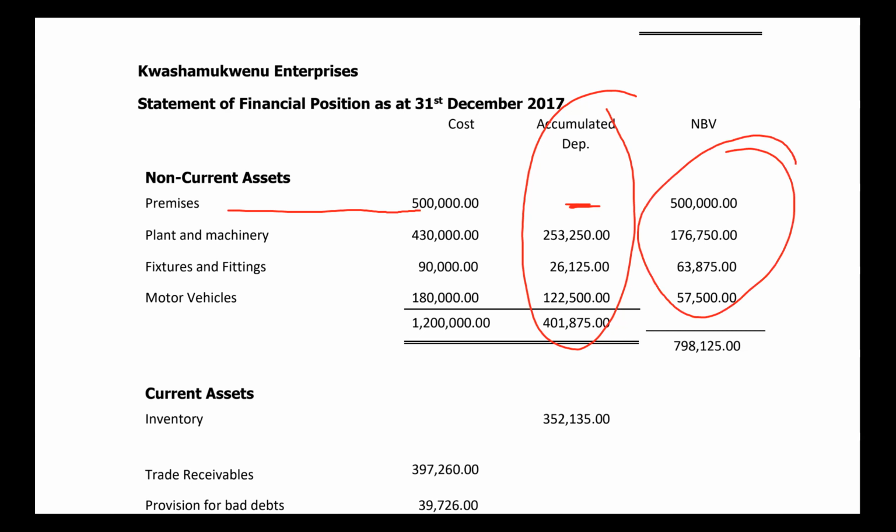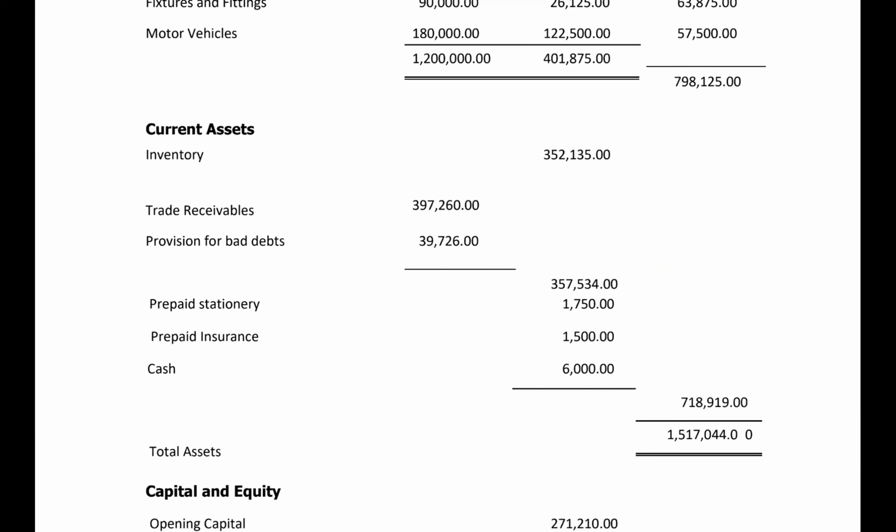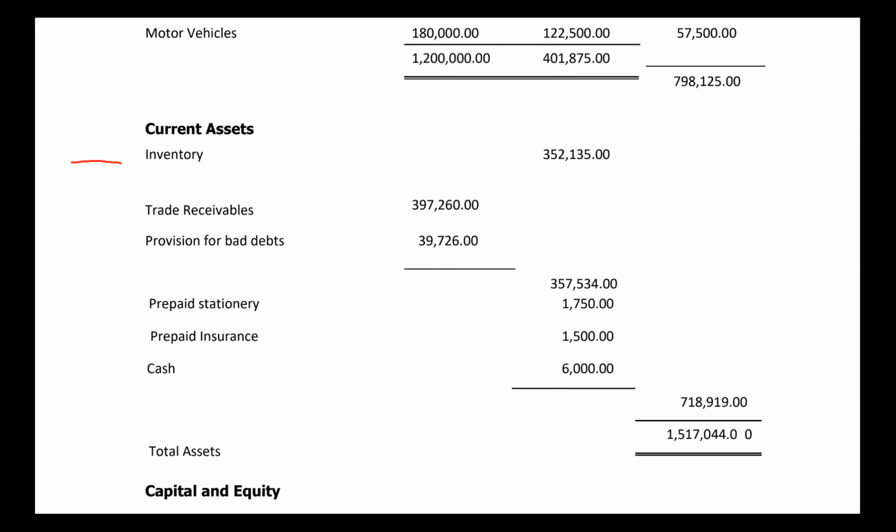These net book values should be summed together. What you get now is the total non-current assets. Then we add the current assets. Under current assets, we have inventory.